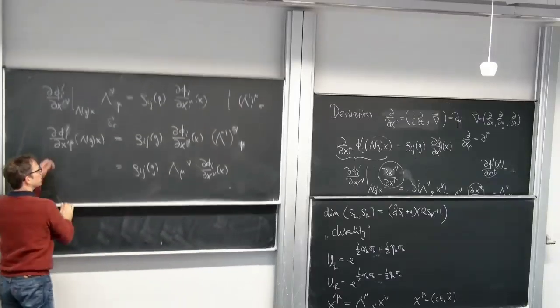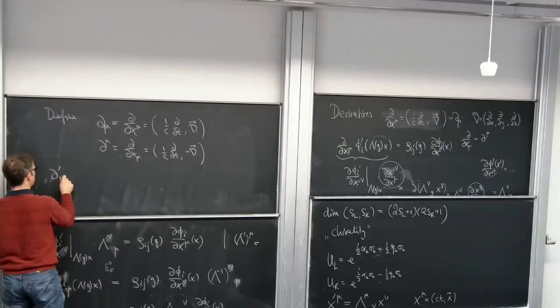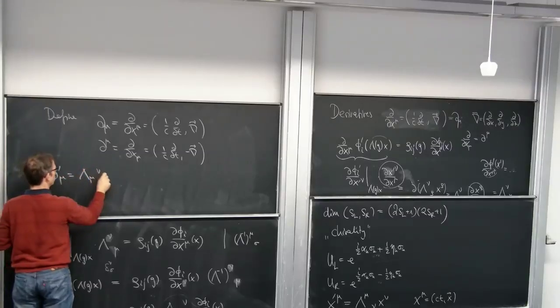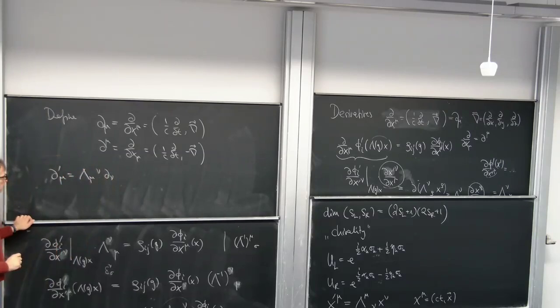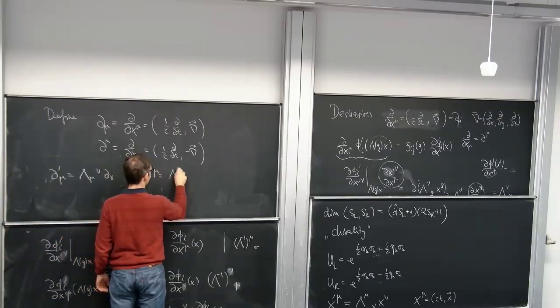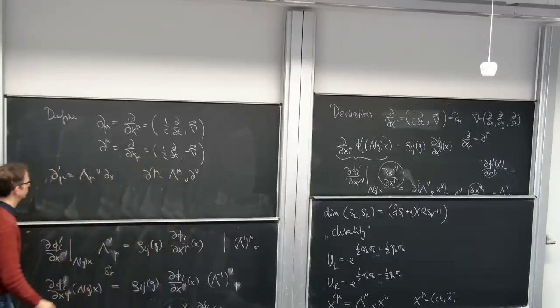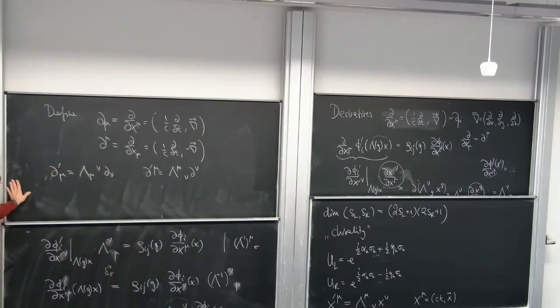And we do this in order to write d prime mu is lambda mu nu d nu. So exactly what you would have thought for vectors. The derivatives do the same thing.